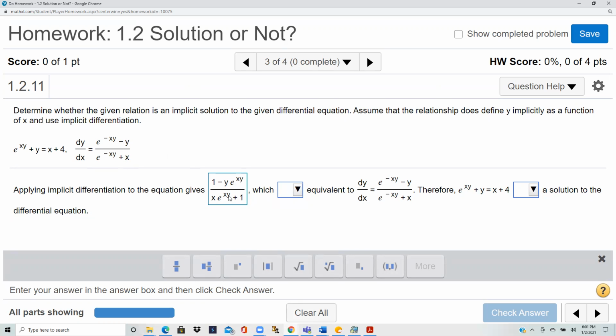So they are the same actually, because you're always allowed to multiply and divide a fraction by the same quantity. And in this case, we chose the quantity e to the xy to multiply the numerator and denominator. That doesn't change the fraction. So this one is equivalent to the given, and therefore this is a solution.